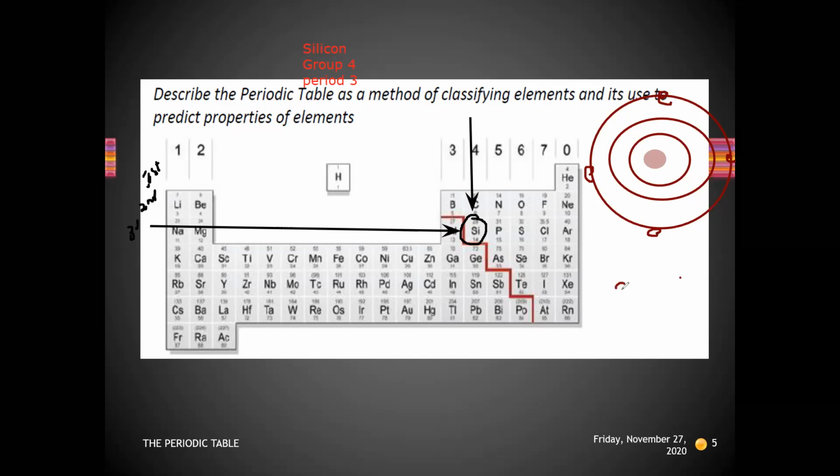As we know, silicon is 14 and 28, so it is 2, 8, and 4. This means the first shell will have 2 electrons, the second shell will have 8 electrons, and the third shell will have 4 electrons. So you can see we can deduce the structure of the element from the periodic table, using the group number and the period number. Is this part clear?